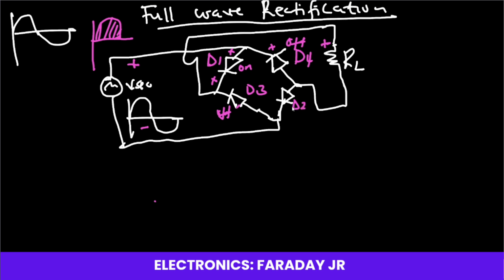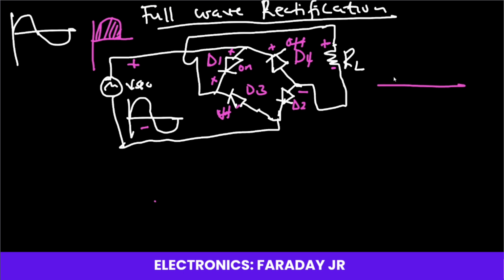Then D2, negative, means it's going to be in forward bias mode, so this side we are going to get a source here. You can see clearly that there's a twice voltage drop. So D1 and D2 are working, whilst D4 and D3 are off. You get it? So you are going to get a negative source, meaning our output is going to be negative like this.